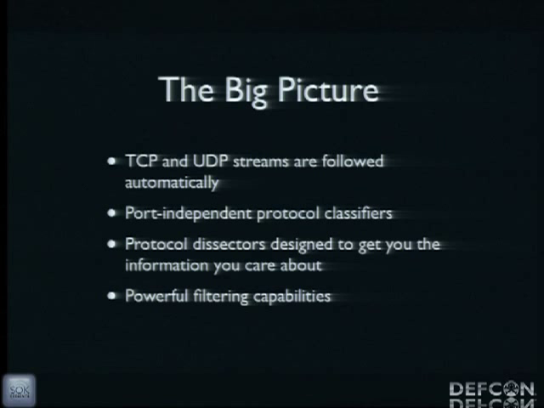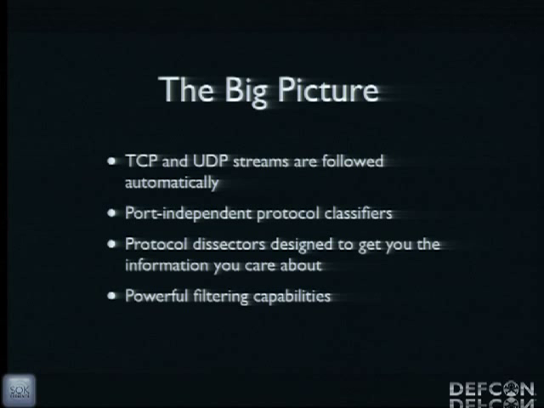And probably one of the most important parts is sort of powerful abilities to filter traffic. So we don't want to be looking through every little stream trying to find the one that matches us. We want to be able to filter by the protocol that you're running on.